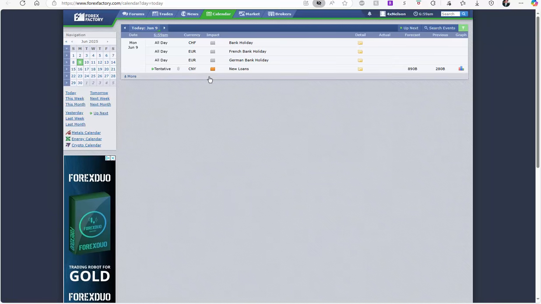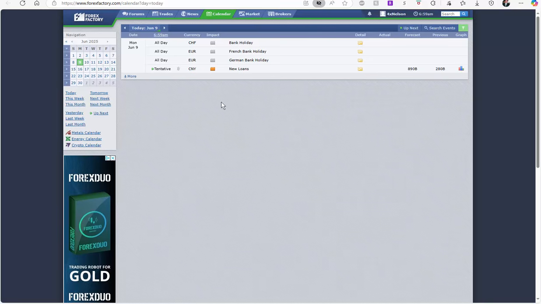Matter of fact, it's a bank holiday for the Swiss, Euro, French, German bank holiday. And as I remember, more than 15 years ago, they said, oh, don't trade on bank holidays. And I'm here to tell you, if the market is open, you can trade it.